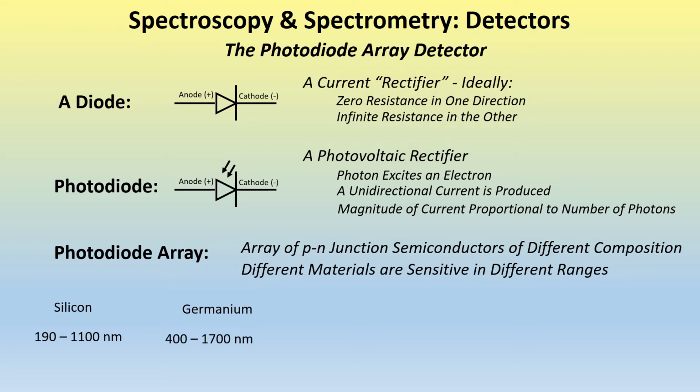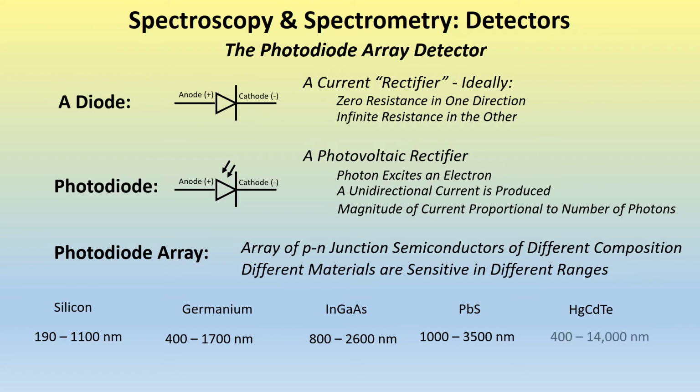Indium gallium arsenide solid solutions are sensitive between 800 and 2600 nanometers. Lead sulfide, closer to the visible, 1000 to 3500 nanometers. And another solid solution, mercury cadmium telluride, between 400 and 14,000 nanometers.